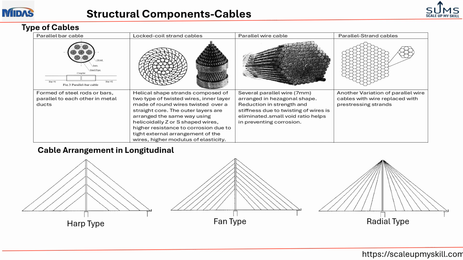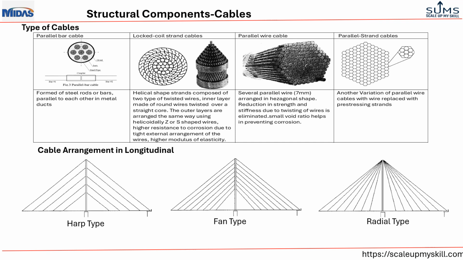And the locked coil strand cables, they are basically two layers of cables. Inside layer is helically twisted wires, round shape, and the outside layer is having Z or S shaped wires. Again, they are also helically twisted, and this kind of cable has higher modulus of elasticity and better resistance to corrosion.